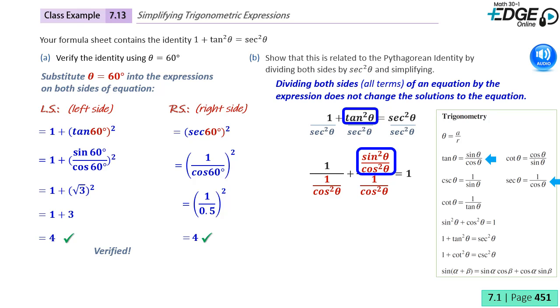Similarly, tangent, which is sine over cos, will square to become sine squared over cos squared. Secant squared divided by secant squared will reduce to 1.